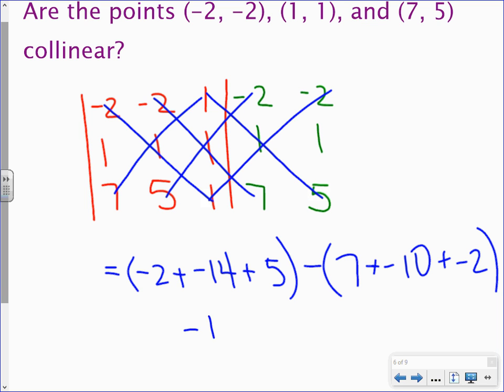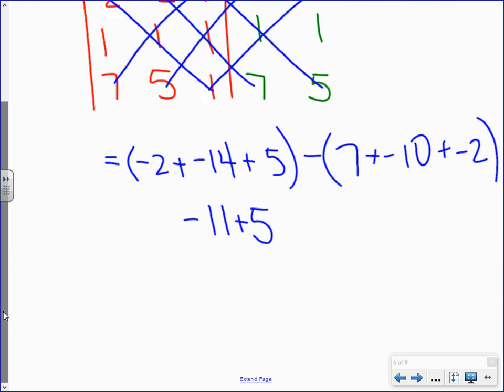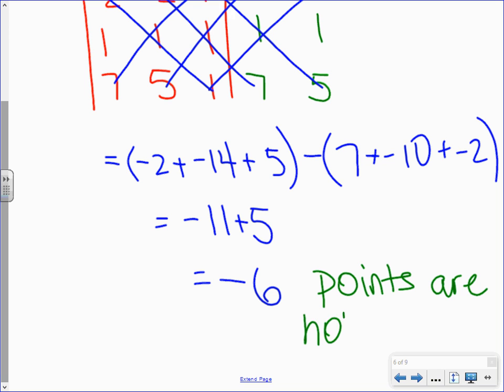This gives us -11 minus -5. Okay. So this determinant has a value of -6. Well, what does that mean? They are not collinear. Points are not collinear.